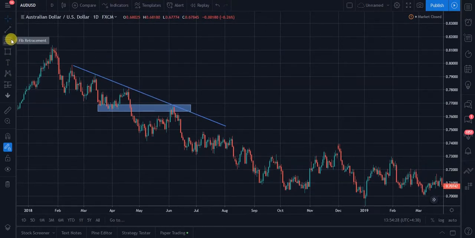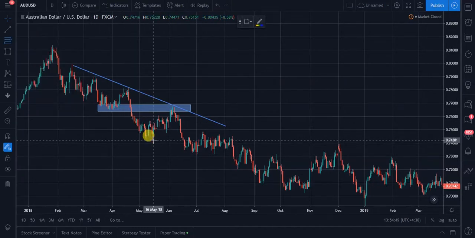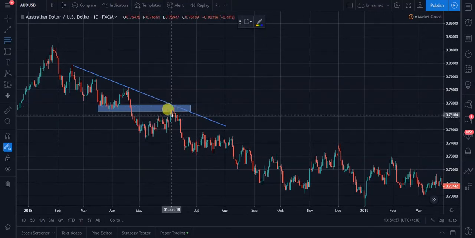As I said, we use Fibonacci extension by using the Fibonacci retracement tool in our TradingView or also in MetaTrader. So keep in mind, the Fibonacci retracement tool we can use also for Fibonacci extension. So for drawing Fibonacci extension, we need to choose or identify some lows and some highs.